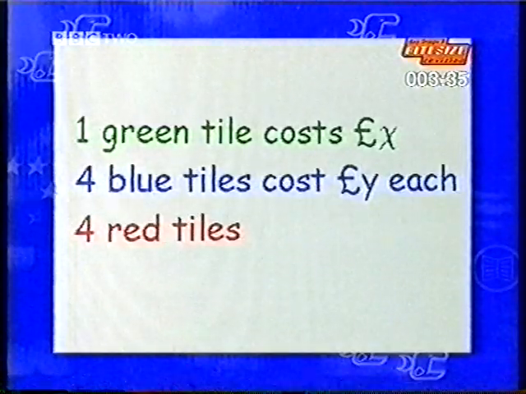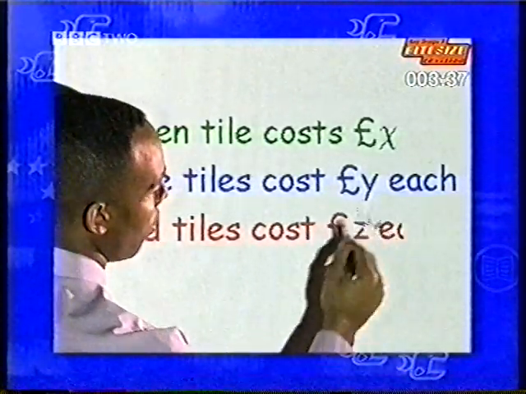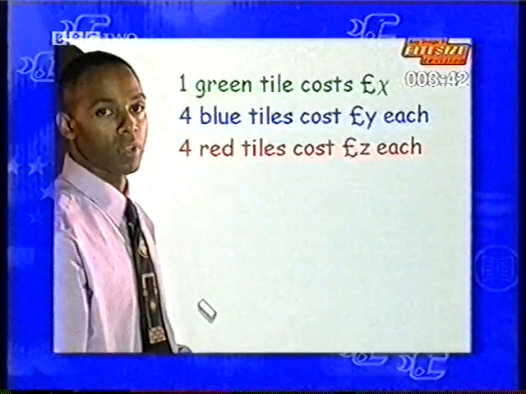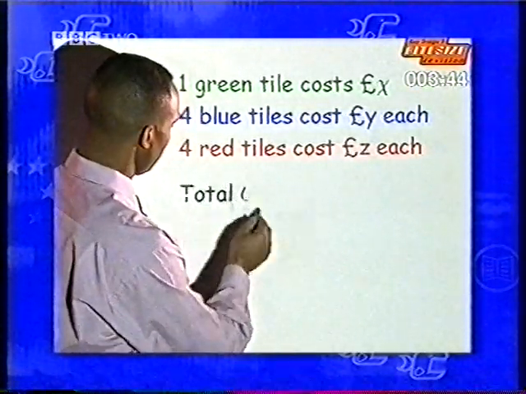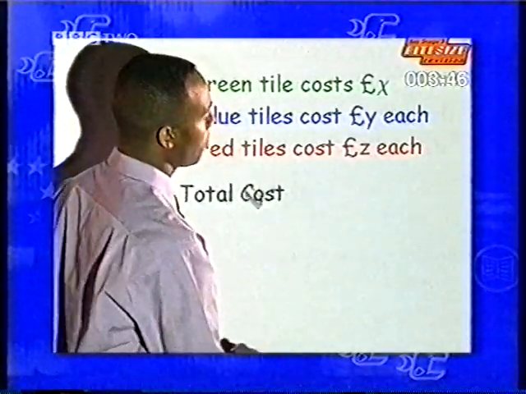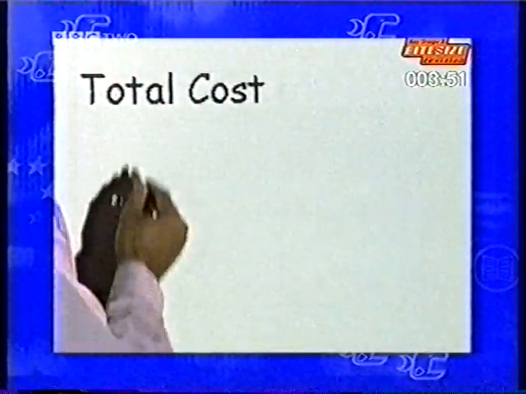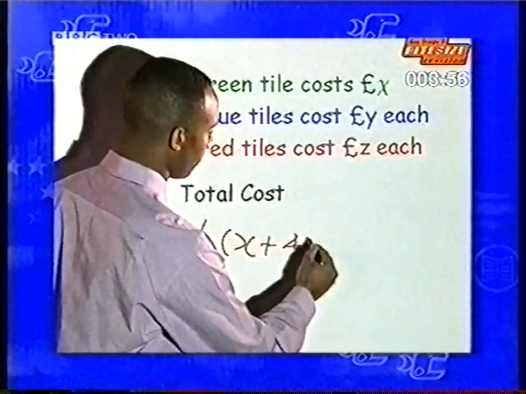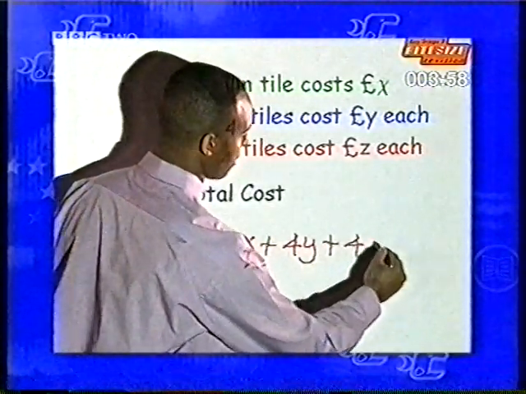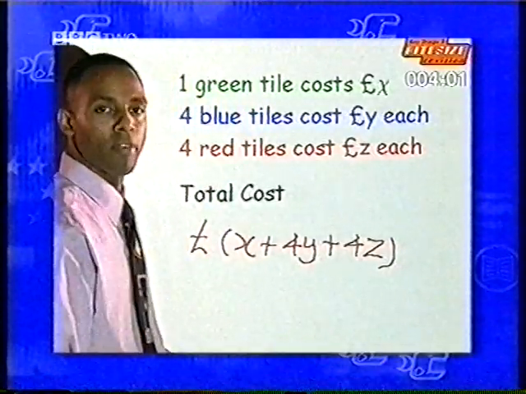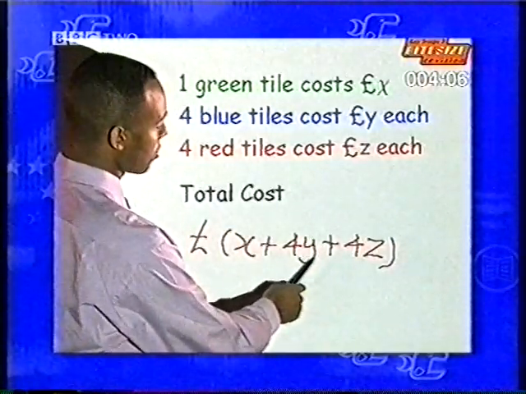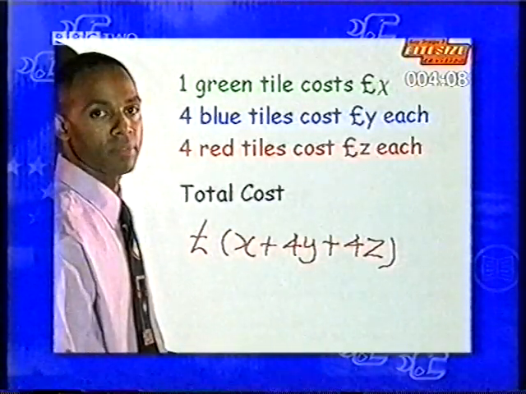And 4 red tiles costs Z pounds each. Now, if we want to find a total cost, what we do then is we make a simple expression. The total cost then, in pounds, we have X plus 4Y plus 4Z. Remembering, with an algebraic expression, we have terms, but no equal sign.